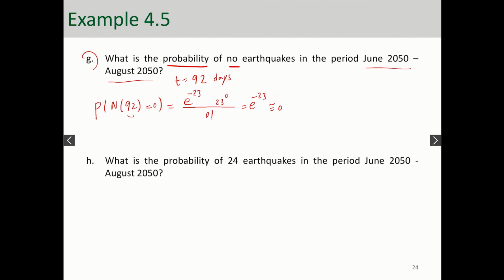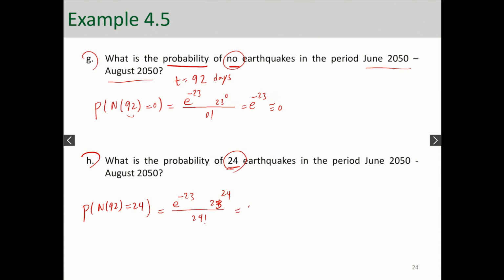Part H, what is the probability of 24 earthquakes in the same period? So instead of 0 earthquakes that we had here, now 24. So all we're doing is the probability of N92 this time equals 24. That's just going to be e to the negative 23, times 23 to the 24 over 24 factorial.